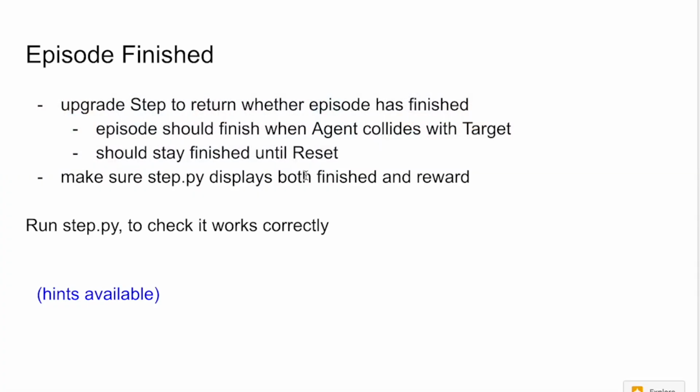All right, so we have upgraded the step to return whether the episode is finished. It finishes when the agent collides with the target. It stays finished until reset, and the step.py displays both the finished and the reward. But let's upgrade the step.py to convert that dictionary into an actual object.